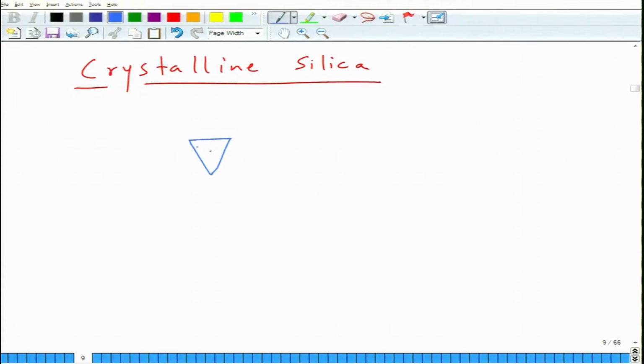Let us say this is the tetrahedron top view, okay. The second tetrahedron is attached to it in such a fashion. This is the second tetrahedron.